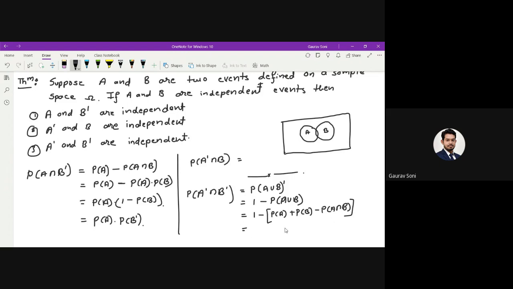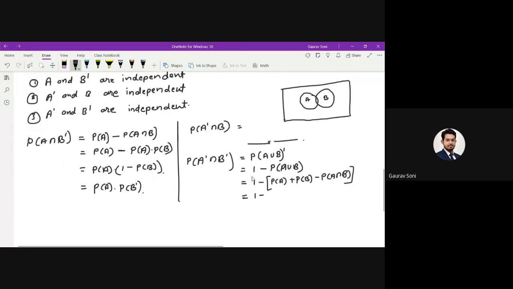Now what will we have? What is the probability of A intersection B? Probability of A into probability of B. We open the bracket, we'll have 1 minus probability of A minus probability of B plus probability of A into probability of B, which is nothing but (1 minus probability of A) into (1 minus probability of B).